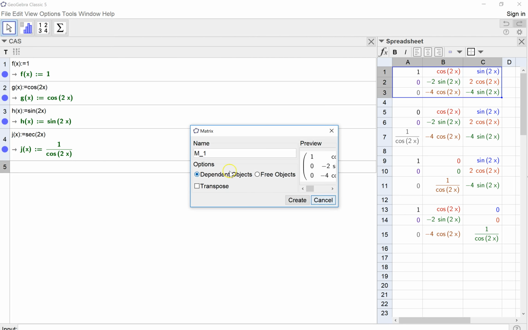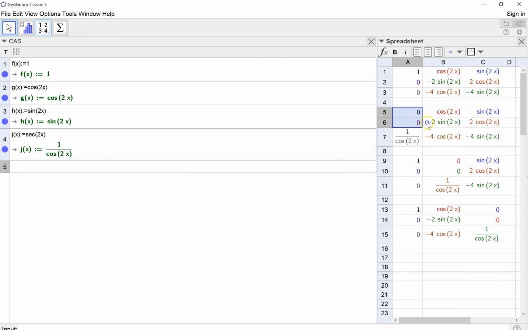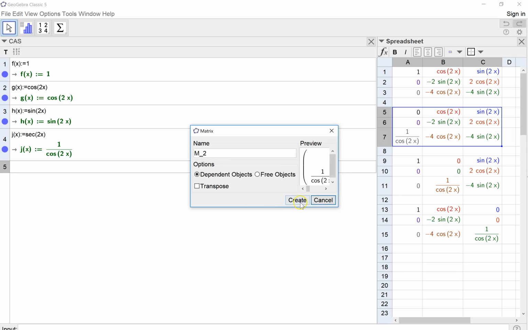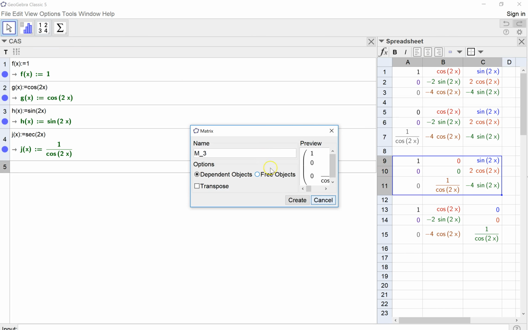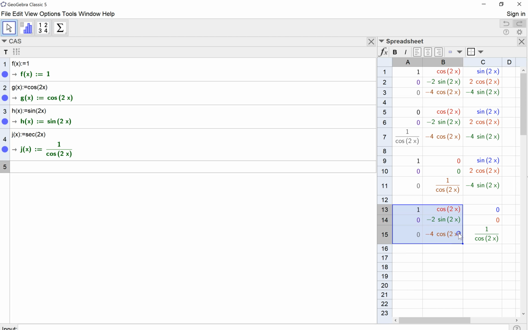We'll declare each of these as matrices. Here's the first one, we'll call M1. Here's the second one, M2. Here's the third one, M3. And here's the fourth one, M4. So we've defined each of those as matrices so that we can use Cramer's rule to solve.